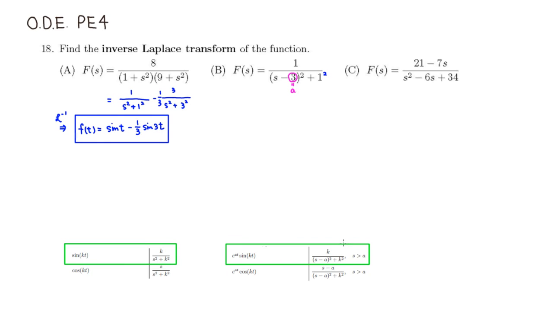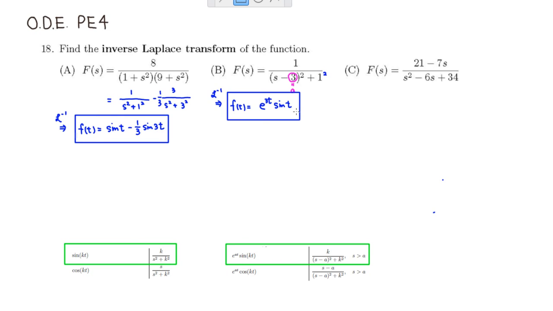It fits exactly, so we can just take the inverse Laplace transform directly. Then f of t is equal to e to the 3t, since a is 3, and k is 1, so sine of 1t, so sine of t. So we have the inverse Laplace transform for part B.